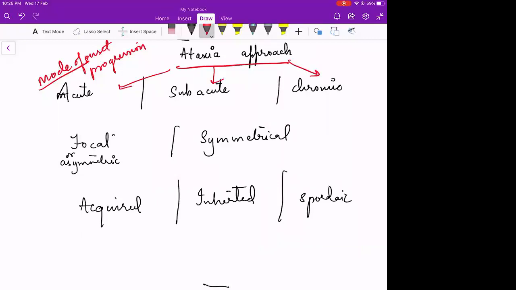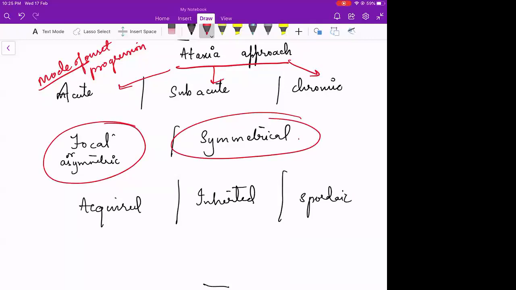Ataxia can be further classified into focal and symmetrical; symmetrical affects bilaterally, focal if it is affecting unilaterally. After dividing the ataxia into symmetrical or asymmetric, we further classify into acute, subacute, and chronic.